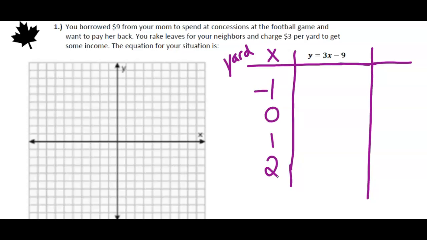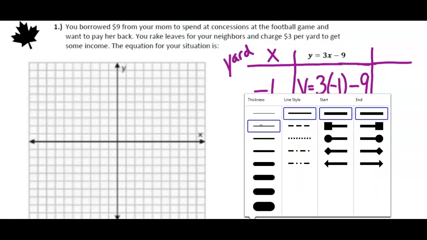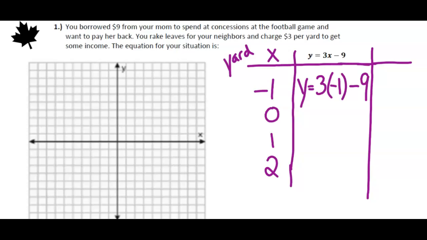So if x is equal to -1 and I've got this equation, we know how to do this substitution, right? I'm going to plug my -1 in where my x is, and now I'm going to do the math. When you're making your table, that's what I would like you to do. Each time, I'd like you to make sure that you enter your table by putting the math in here, and then you're going to chug out an answer for y.